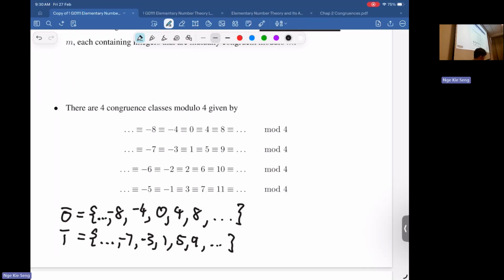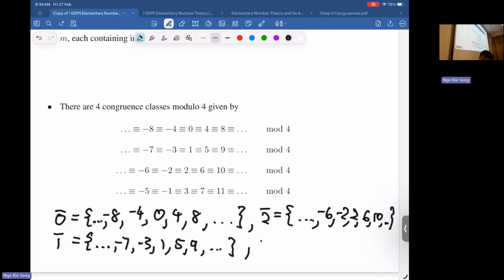We kind of upgrade our number to a set of numbers. That's why we call them classes, because it's a set of things. They are not integers, but sets of integers. So we call these classes 0 bar, 1 bar, 2 bar, and 3 bar.